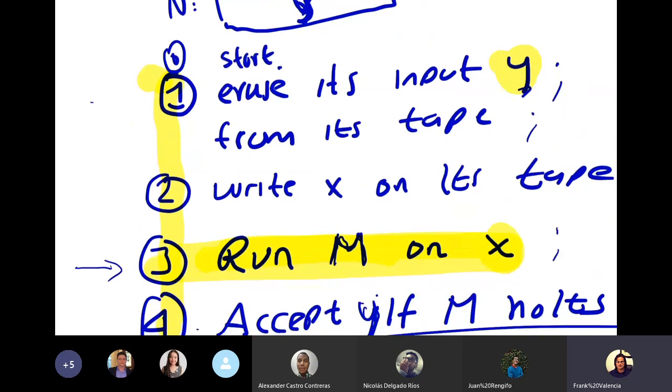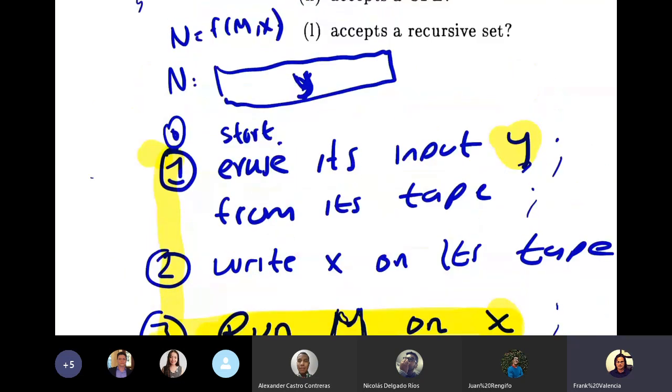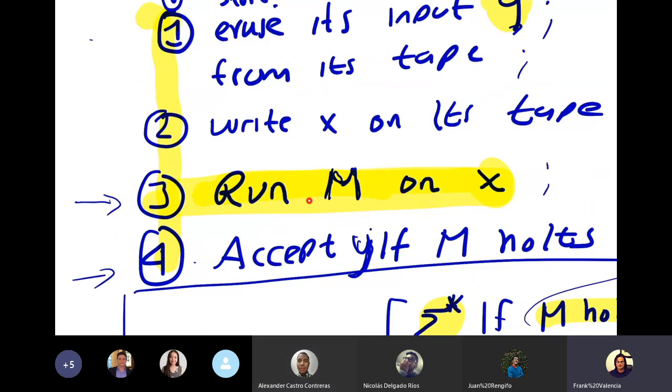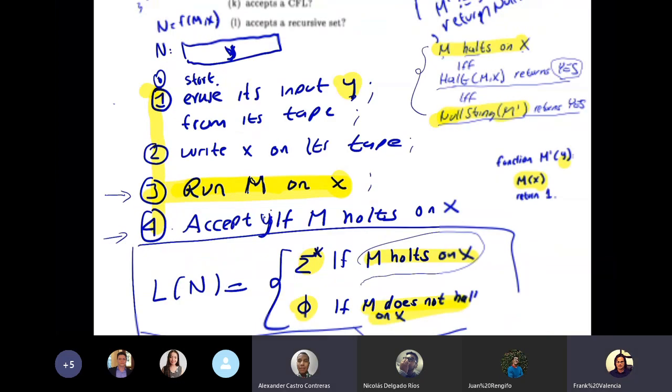The second thing that it does is to write X on its tape. That's also the execution of N. The third thing that it does is to simulate M on input X. And the last thing, if you manage to get there, is to accept Y. Okay?